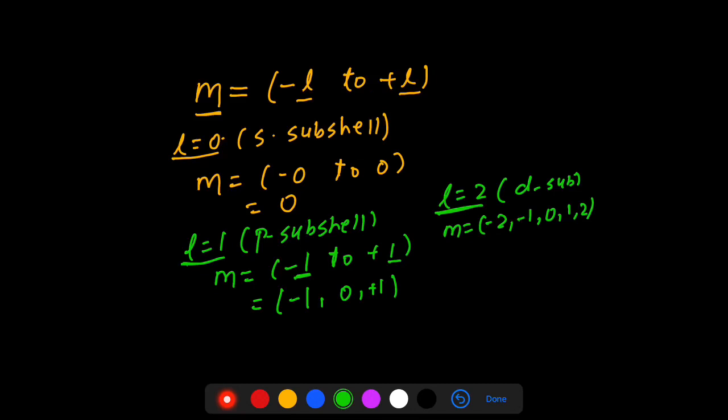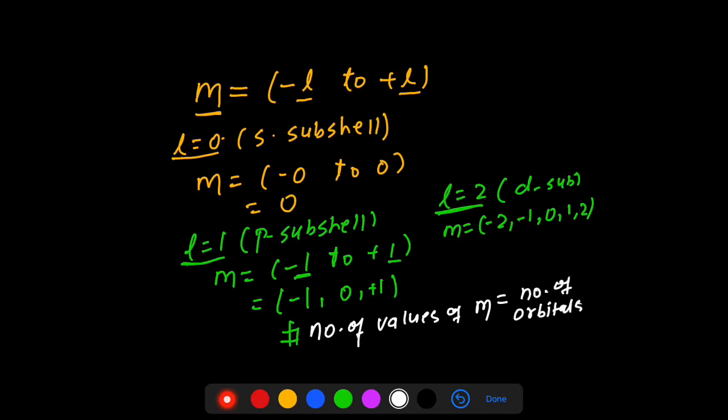Similar way you can find for L equals 3 or the f subshell also. Fine. Now, the number of values of L is used to denote the number of subshells in a shell. In a similar way, the number of values of m is equal to the number of orbitals in a given subshell.